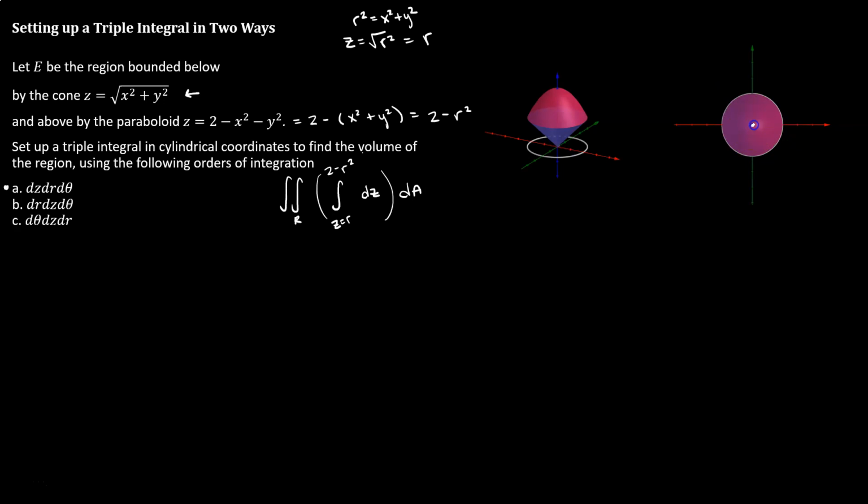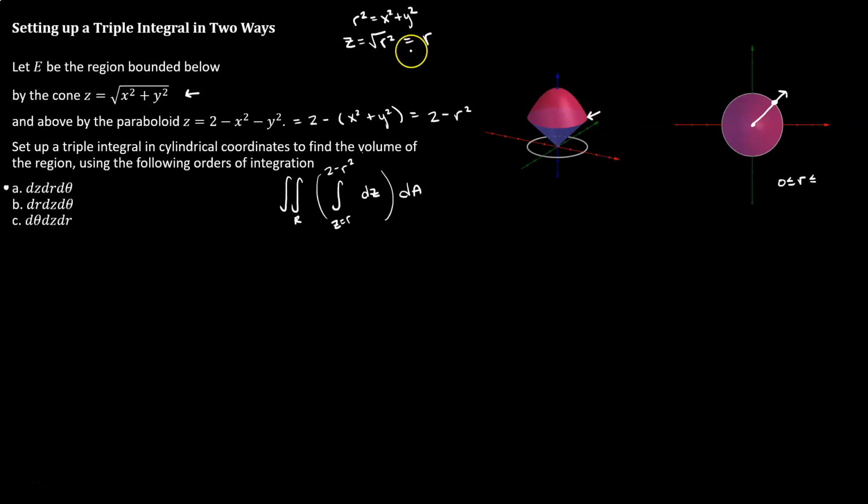So to find the values for r, remember that we start at the origin and we grow a ray that goes through the region, and then we figure out the values for r. So I can see that as soon as I put my point down at the origin, I'm inside of the region. So r is definitely going to be equal to 0 at its smallest value. And then we need to figure out where the r value is at the outer edge. And to do that, we need to figure out where these two surfaces, the cone and the paraboloid, intersect.